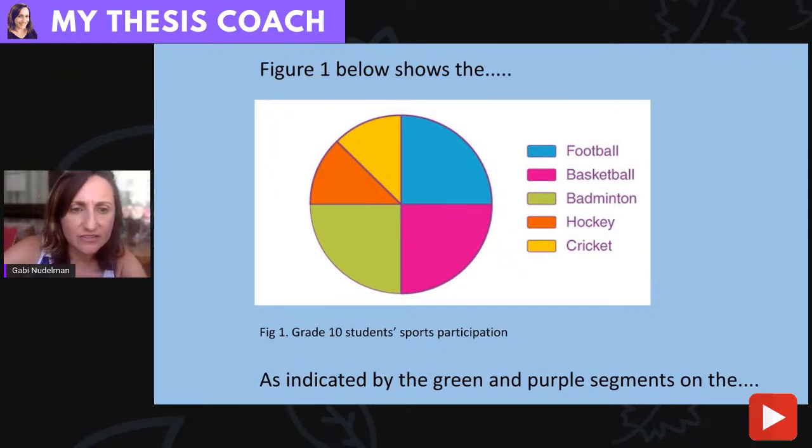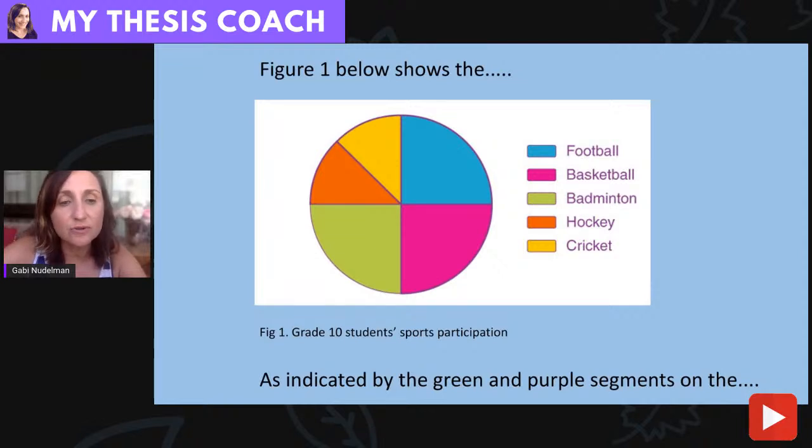So you can see here I've said, as indicated by the green and purple segments on the pie chart, blah, blah, blah, a similar amount of people enjoy basketball as badminton, whatever it might be. But always follow the graphic with a sentence or a few sentences that indicates to the reader what exactly we should be looking at in that graphic. That's how you integrate it effectively.